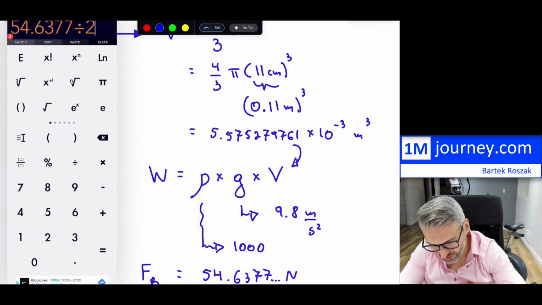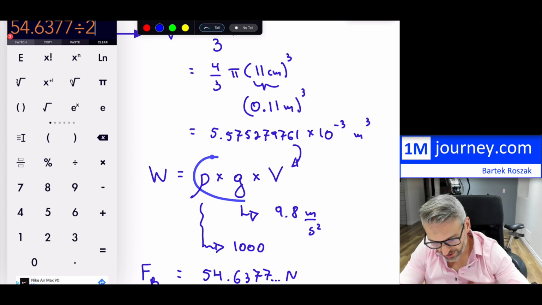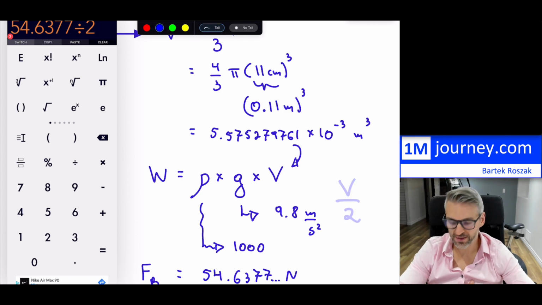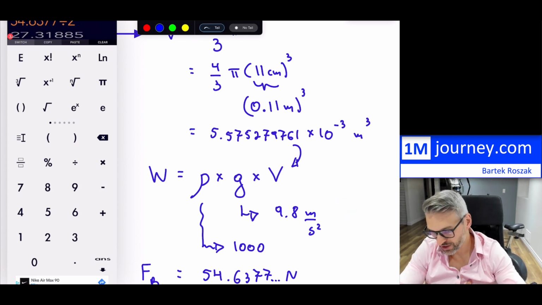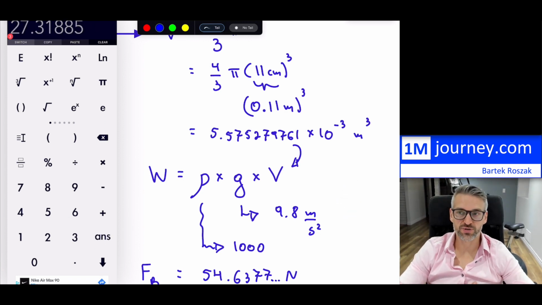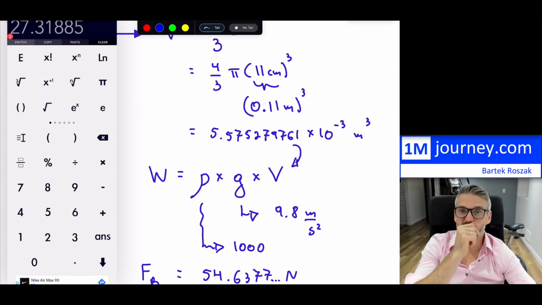If you go back into the equation, that volume is just the volume divided by 2, because half of the ball is submerged. Then you would have your answer, which is about 27 newtons. And that is the force which is pushing upwards. That's the Archimedes principle.